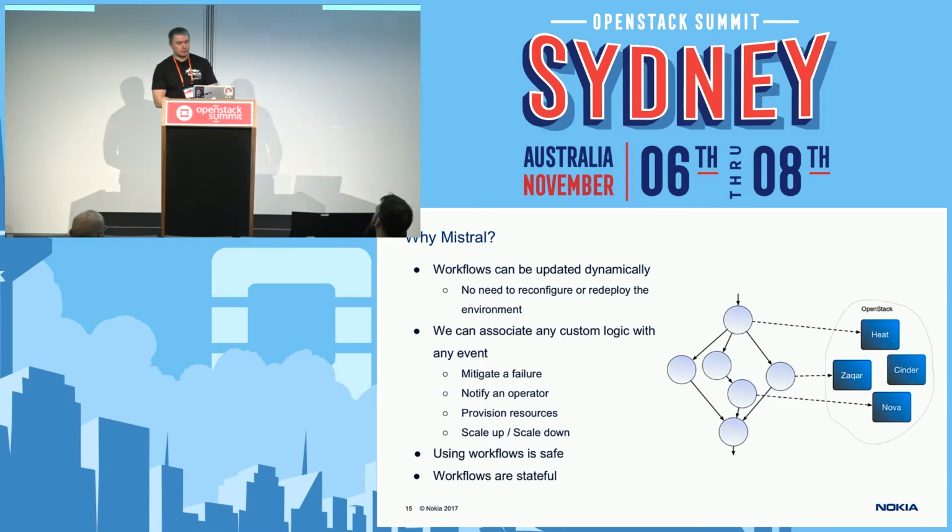Now, basically, I just want to say a few words about why it is exactly important to use Mistral in such a scenario. Well, imagine if we don't have anything like Mistral. So what would we do to mitigate the problem that was detected by Vitrage?